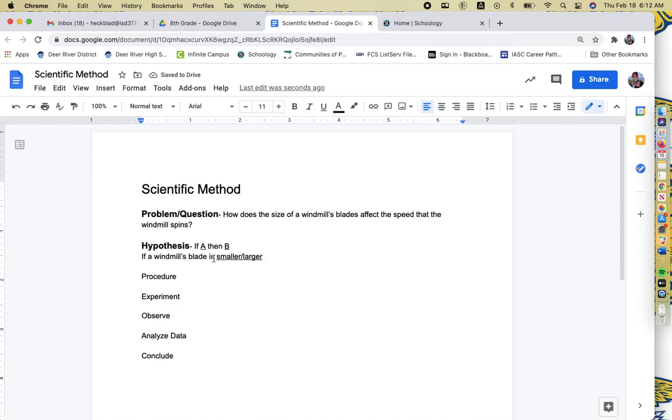So if a windmill's blade is smaller or larger, write down the one that you want. The windmill will spin, and again, you get to decide faster or slower. So that underlined part is the part that you get to decide what you want to write down. Make sure that is written down.